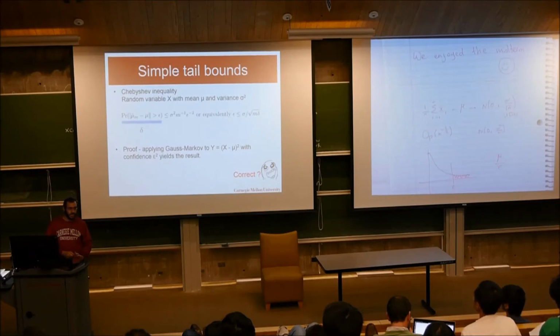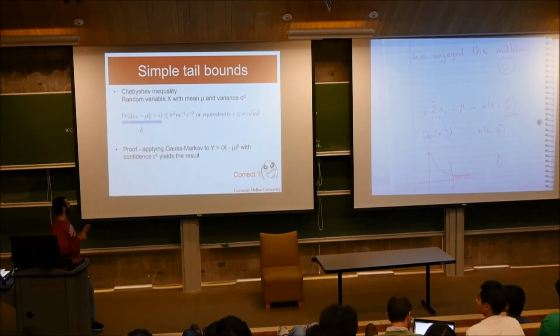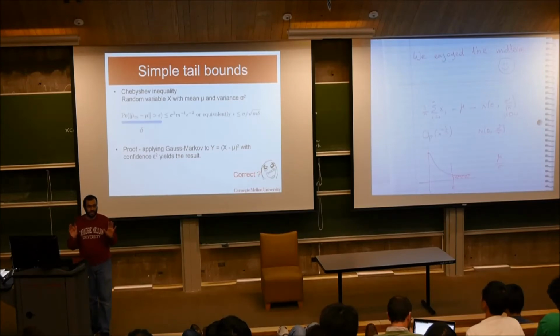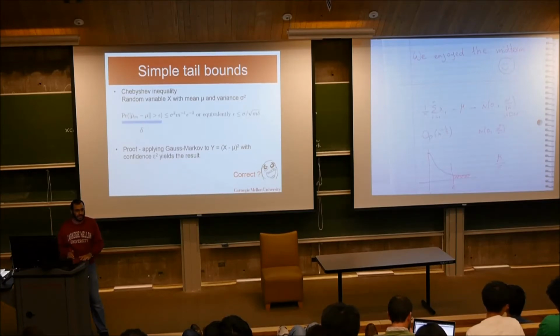Well, it's epsilon. If we set epsilon to 0, delta becomes the probability of being unequal to mu by whatever quantity. We don't care. So if we set epsilon to 0, then we are talking about being exactly correct.